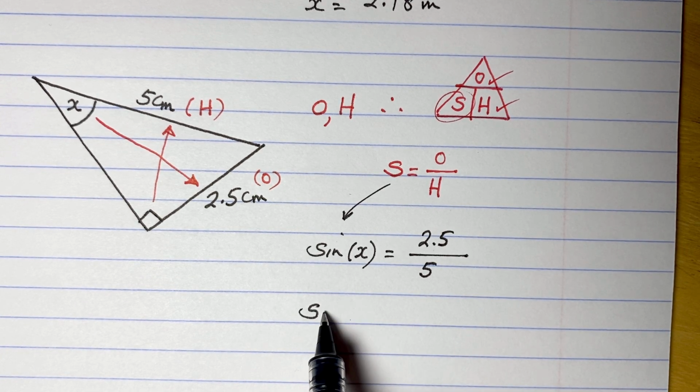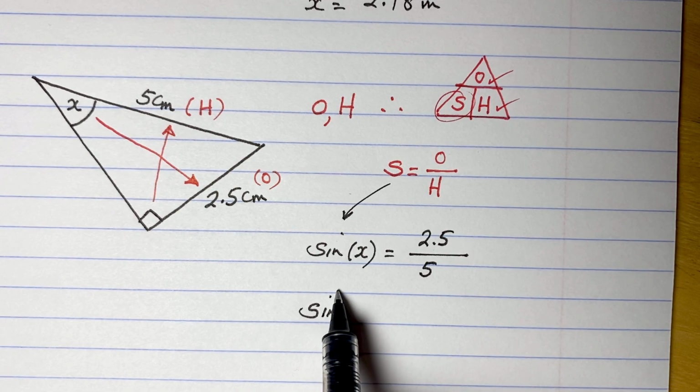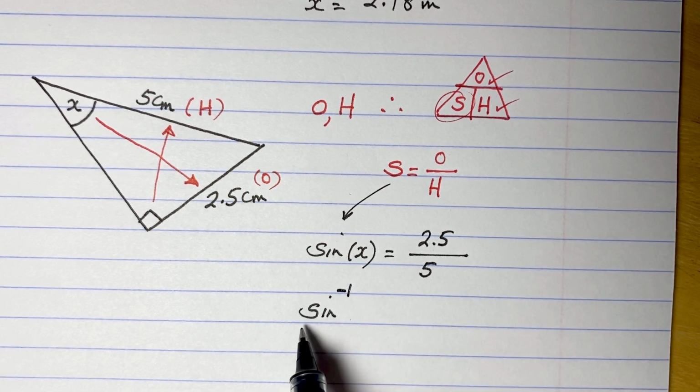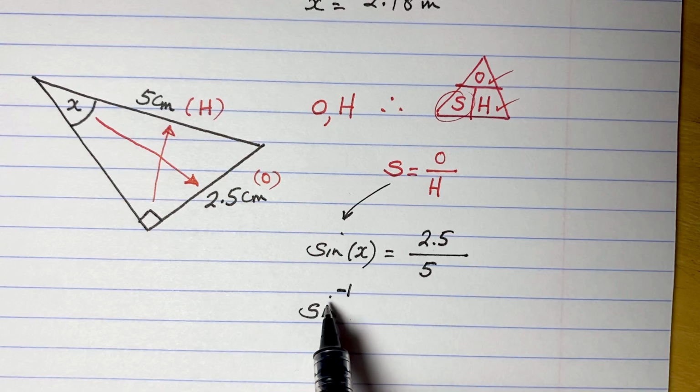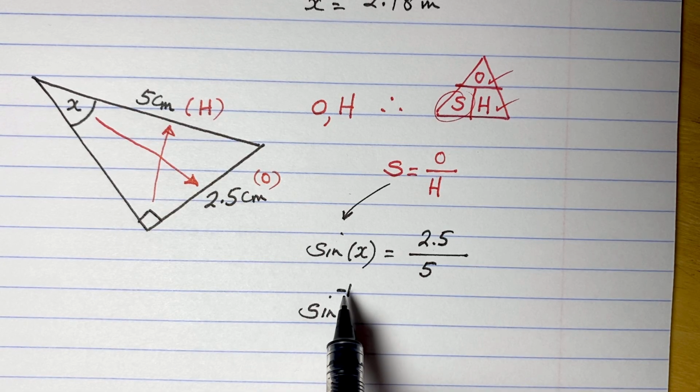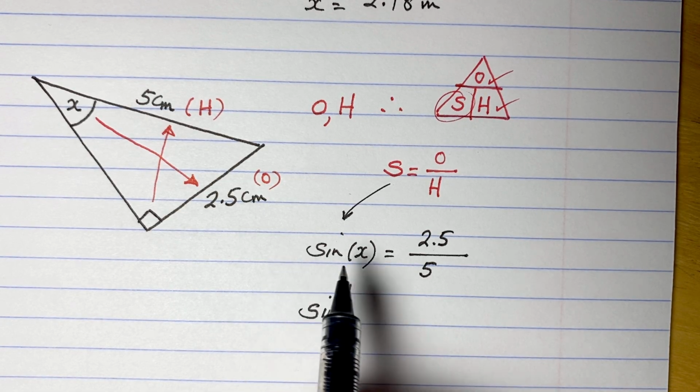So what I'm going to do, I'm going to reverse sine. This is a symbol of reversing sine. Sine with a symbol of like a -1 is not a -1, but it's the symbol for undoing the sine. So I'm going to do that on both sides, on this side and that side.